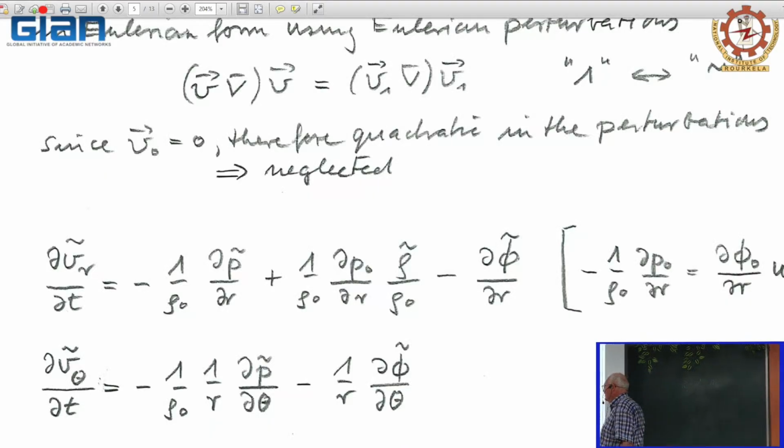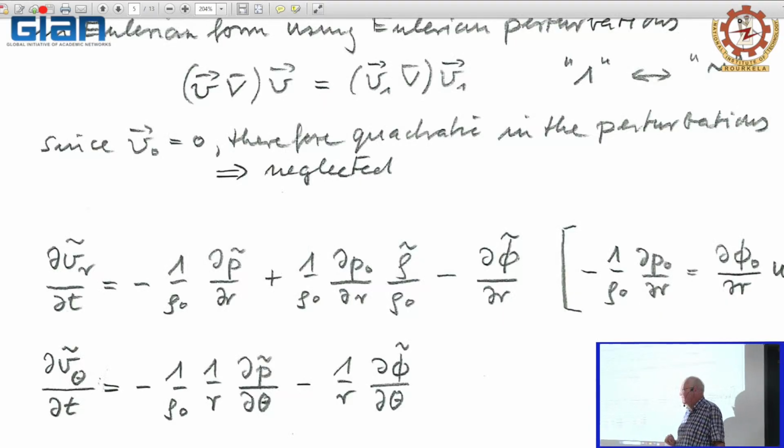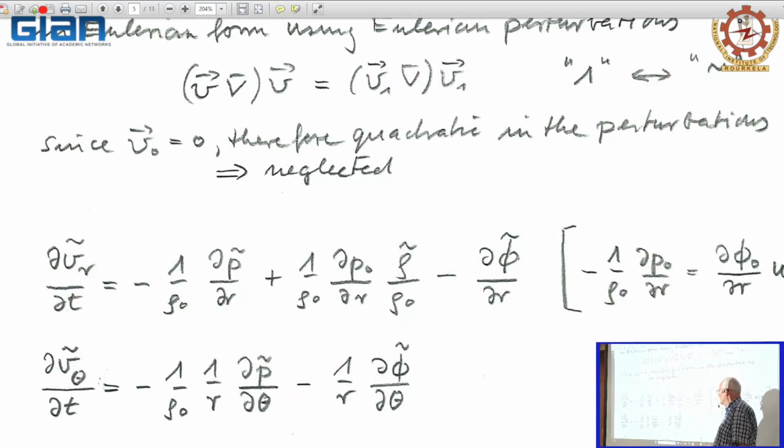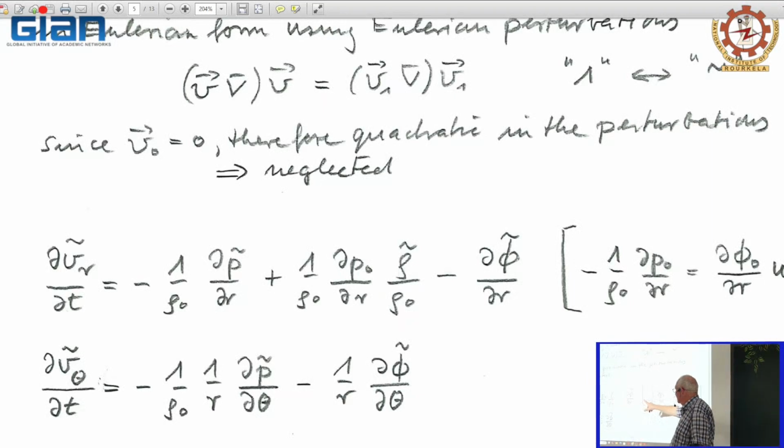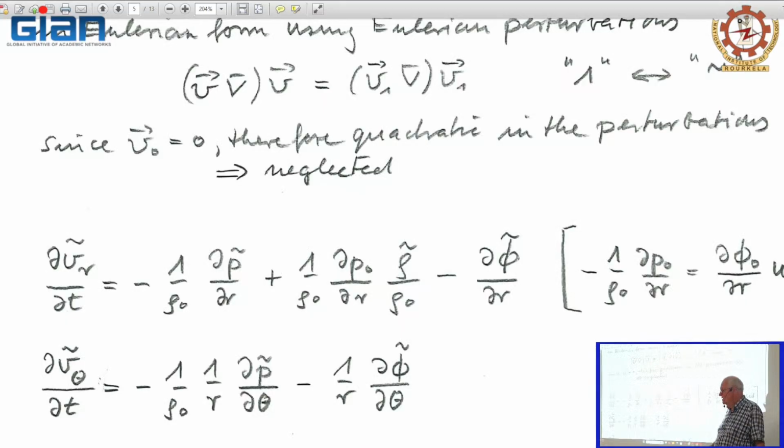Now, the right-hand side of the momentum equation consists of the pressure gradient and the gradient of the gravitational potential. So the gravitational potential occurs linearly within our equations. So this is written as phi naught plus phi tilde.